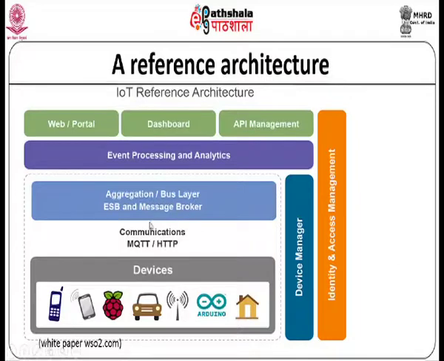There will be an aggregation or business layer responsible for getting all this information, and then an event processing and analytics layer responsible for the analytics part. That should be made available to users using web portals, a dashboard, or APIs for other management and so on. This is how people are now looking at building IoT based systems.